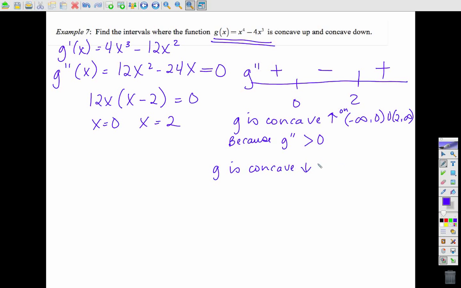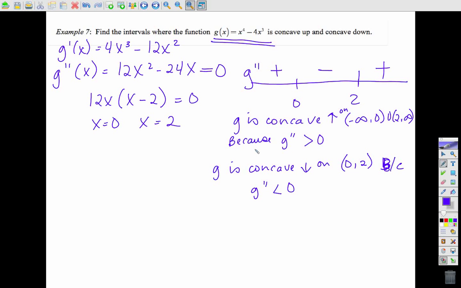And g is concave down on 0 to 2, because g double prime is less than 0. Does that make sense? Does it match all the graphs that we've been doing so far? We have not even used that function before, so I don't know why I'm saying that.